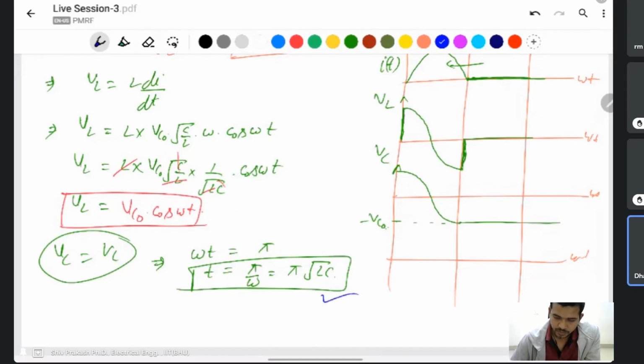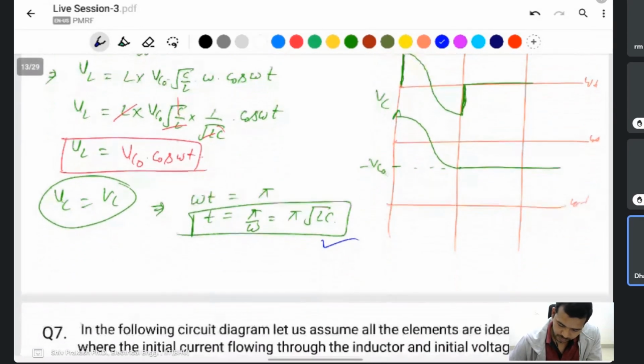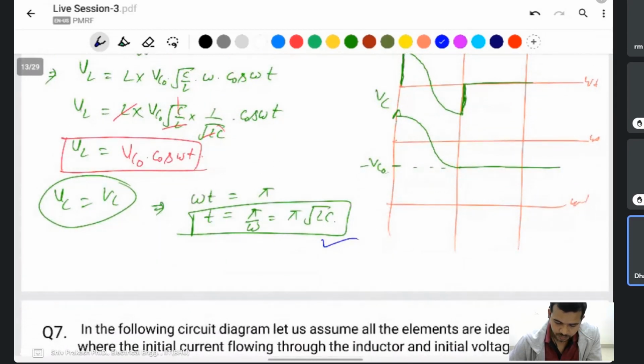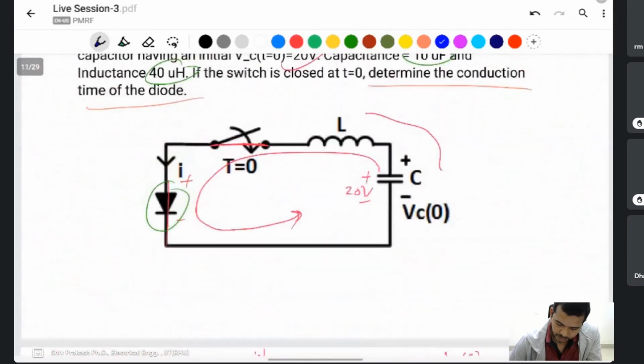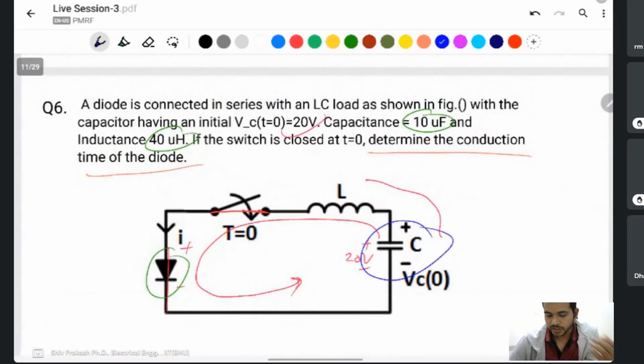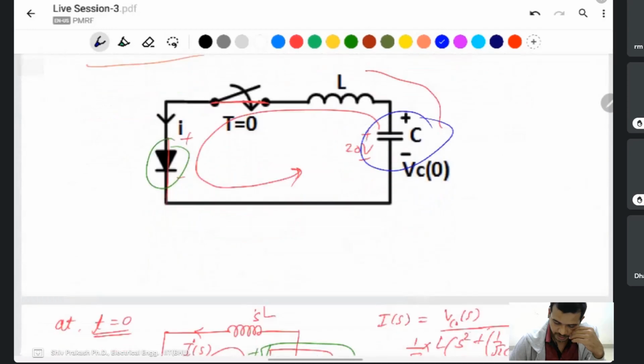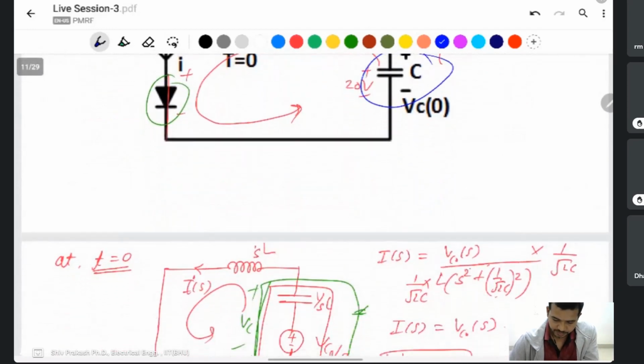Put in the value of LC and you find it; if the same LC value is there, the result will be the same. It does not depend on the voltage source or amplitude. Whether the voltage is there or not, it ceases after pi root LC. In question one the initial capacitor voltage is there, and in question two the source voltage is applied.